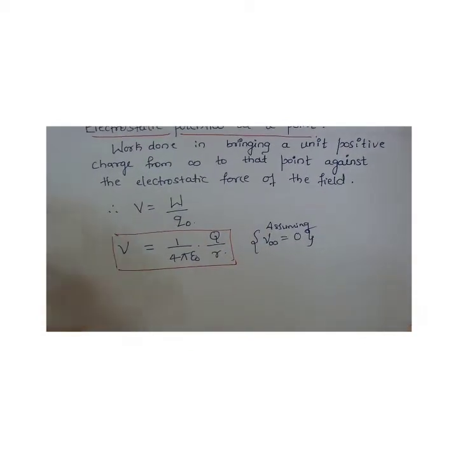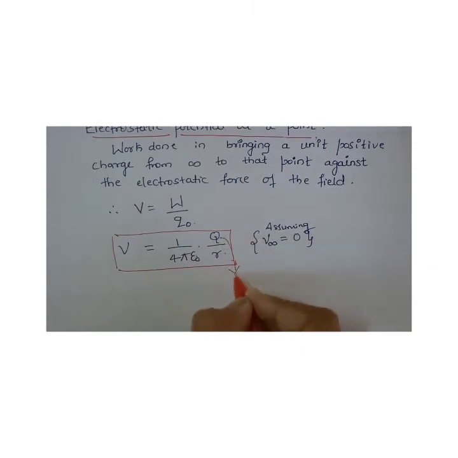Now see, here q is positive, because we have taken the test charge as positive. If you take the test charge as negative, then V will be negative. If the test charge is positive, then V is positive, because the force of attraction and repulsion changes.